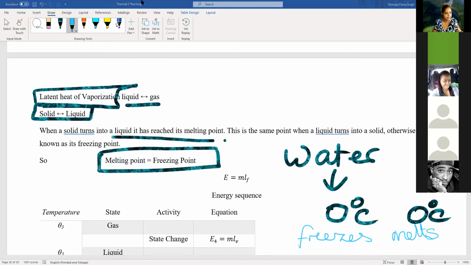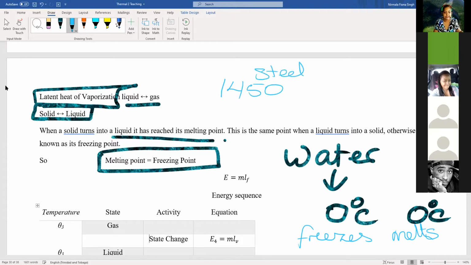I'm going to use a little bit of math sense, right? Let's take the melting point of steel. Steel melts at, say, 1450 degrees Celsius.